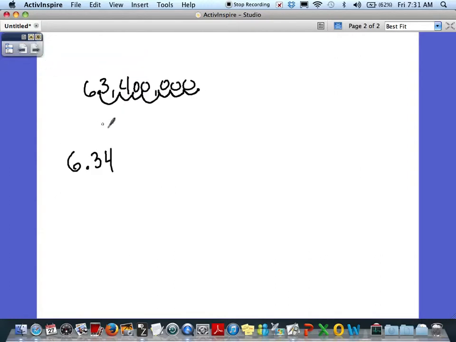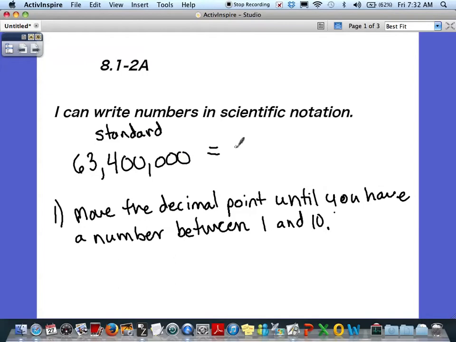So 6.34 is more than 1, but it's less than 10. So this right here does not equal 63,400,000. It just doesn't. We can't just say that 63,400,000 equals 6.34 because it doesn't.